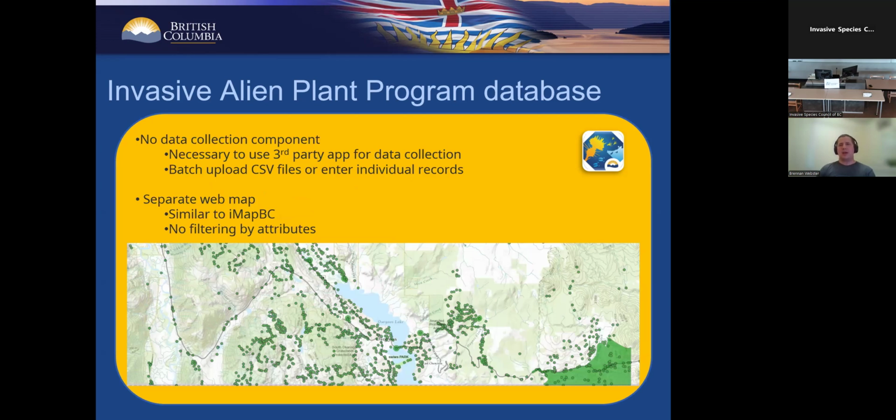Another issue that we had with IAP was there was no data collection component. That goes back to what I was mentioning before about people batch uploading data.